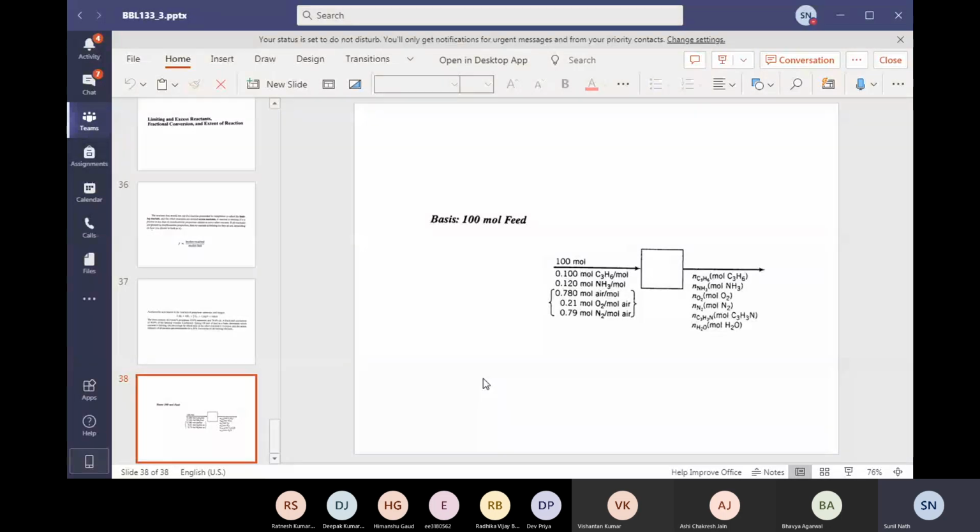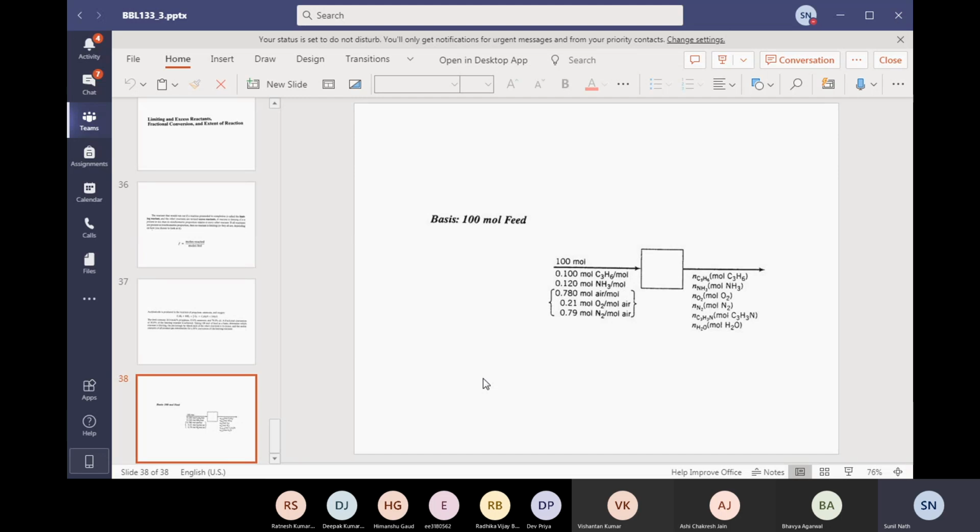So let us look at all these concepts for a multiple reaction system, and just as you calculate conversion and excess, you can now calculate all of these with a fractional conversion which is not 1. You can also calculate overall yield based on feed, overall yield based on consumption of limiting reactant, and selectivity.